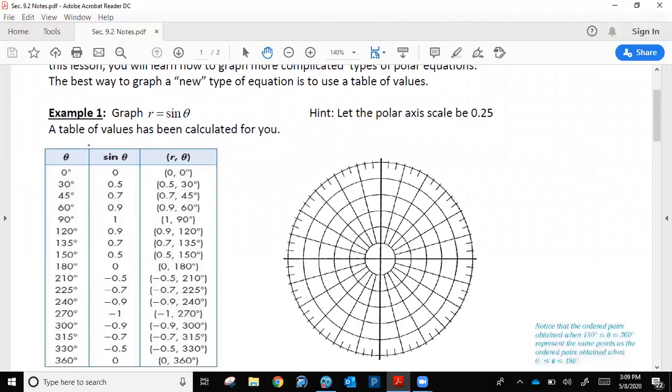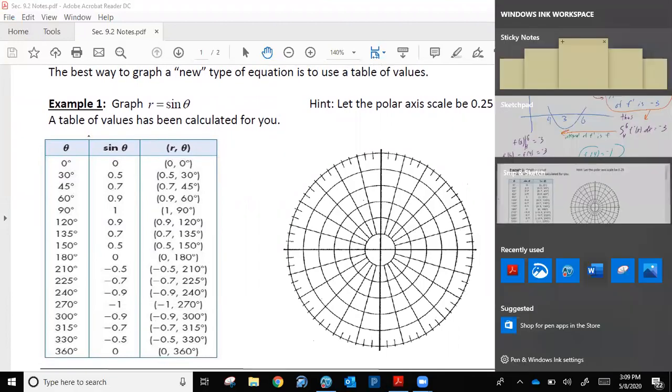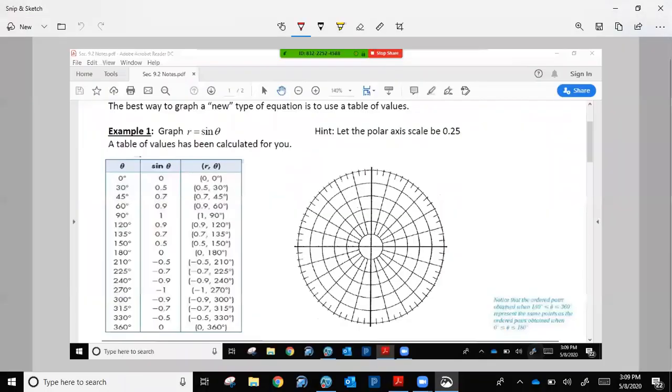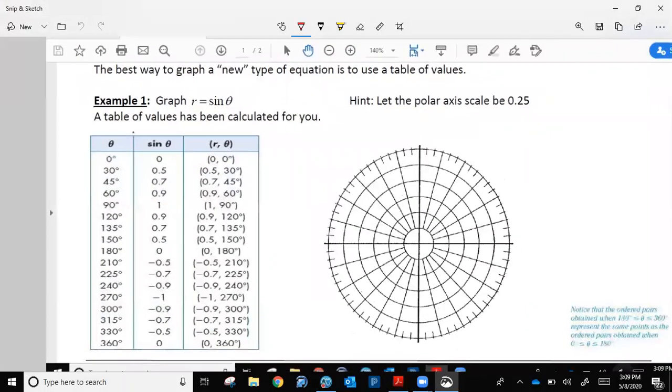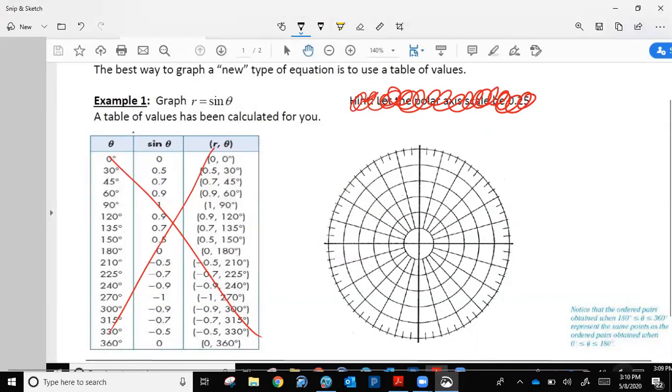So graphs of polar equations. First off here, I'm not going to run through this large example that you see in the middle of your page. We're going to somewhat ignore that this year. But in its place, I want to review and reiterate something I hit last week about your two most basic simple graphs. I'm going to just add those on here.